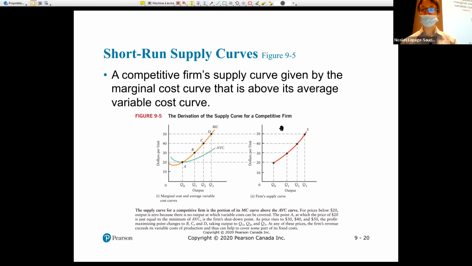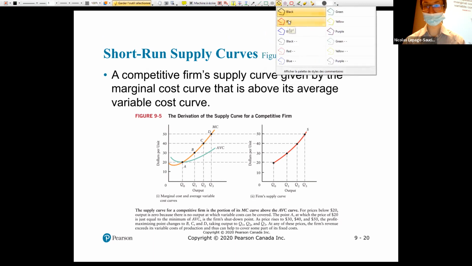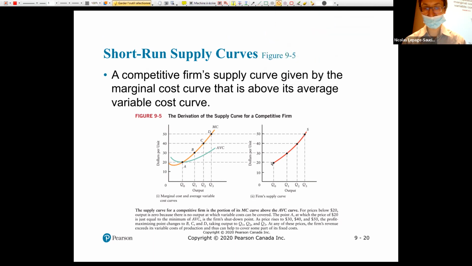Here they haven't drawn everything, so I'm just going to add this last segment there. That would mean the supply. If the price is too low, the quantity is zero. And that's the short run supply curve that we saw at the beginning of the class. It looks like this.